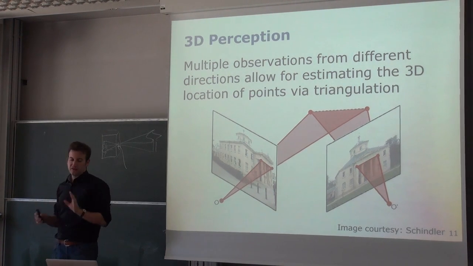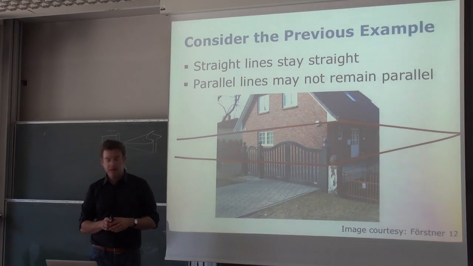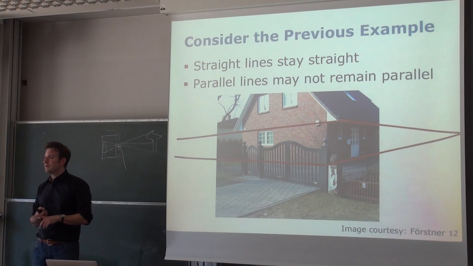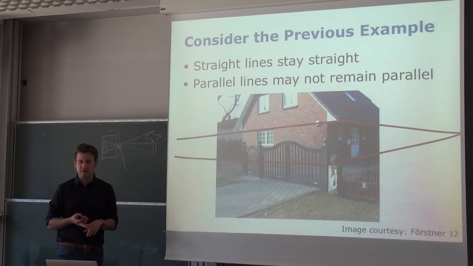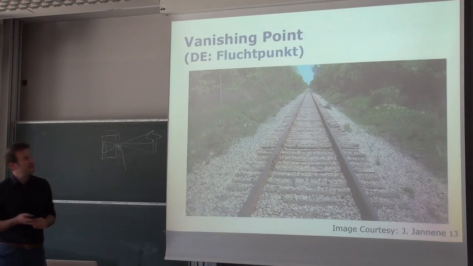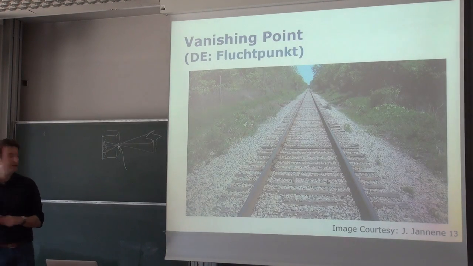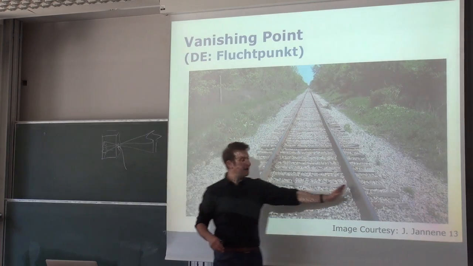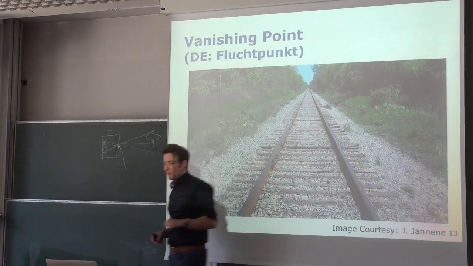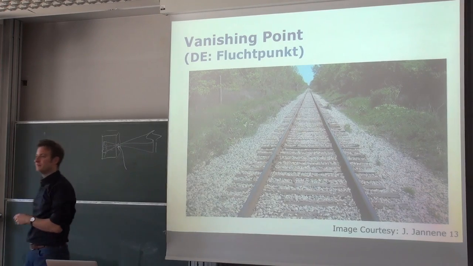So it's kind of trying to set the focus, and if we now go back to the previous example that we had, we said straight lines remain straight, but parallel lines may not remain parallel. And one of the examples where you can actually also very nicely see this is these classical images of train tracks. So those train tracks are actually parallel, but they intersect somewhere at what is so-called the vanishing point.